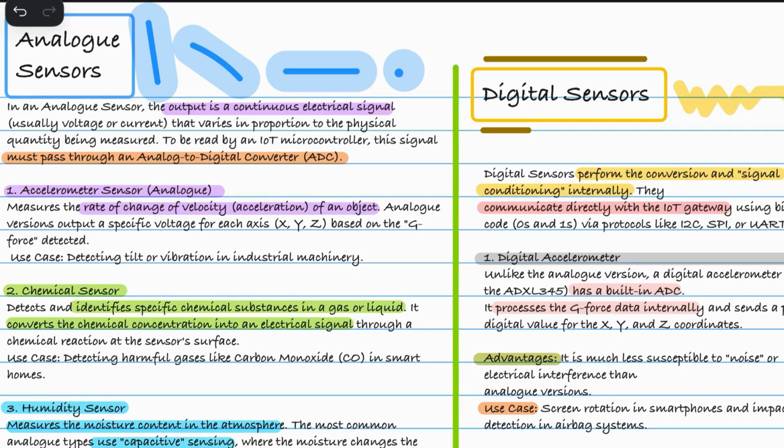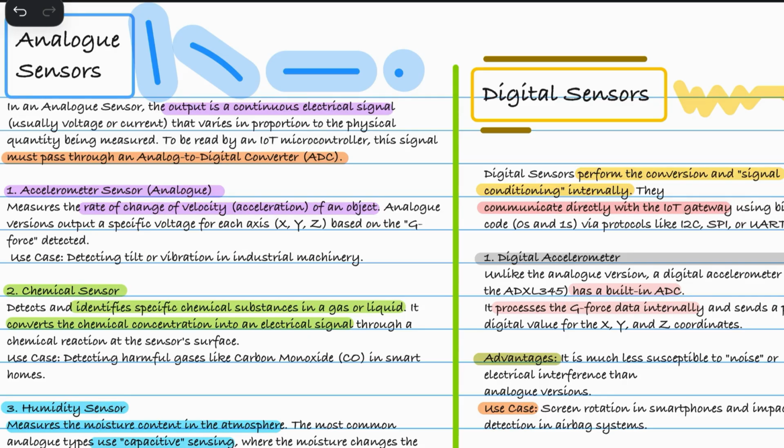For example, a tiny internal weight suspended on a spring is used inside industrial machinery to detect any vibration or tilt. It is attached to industrial motors to detect microscopic or unusual vibration before the machine breaks down.